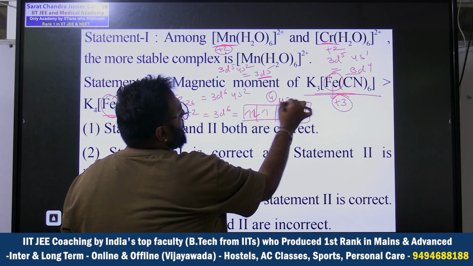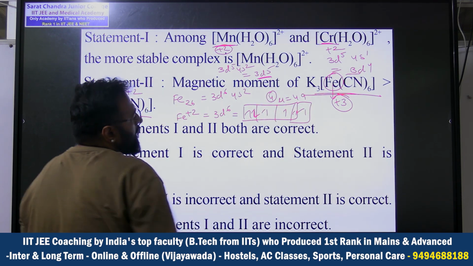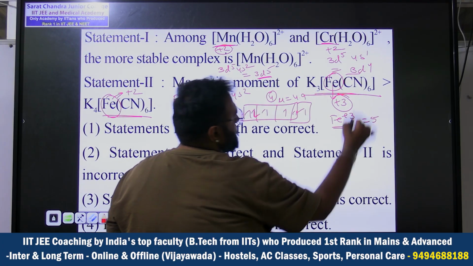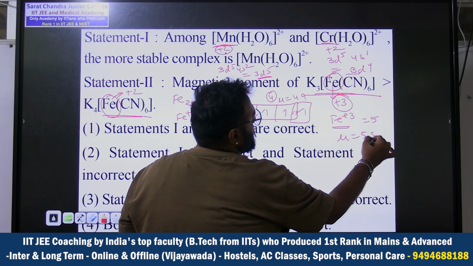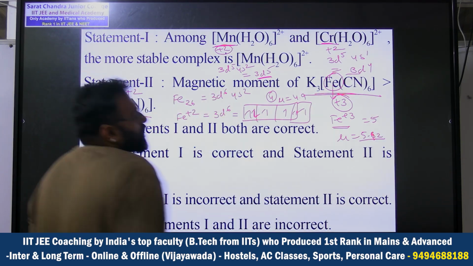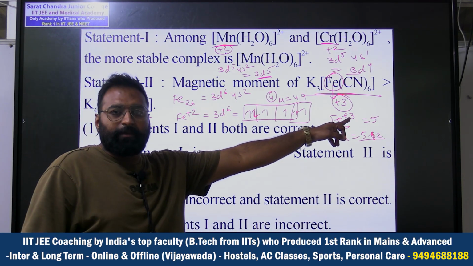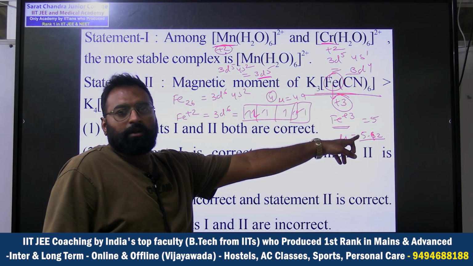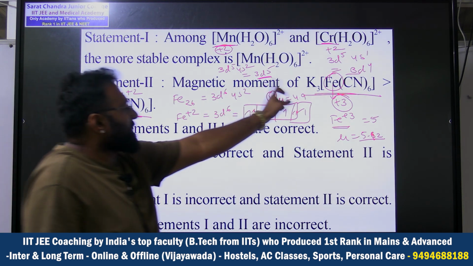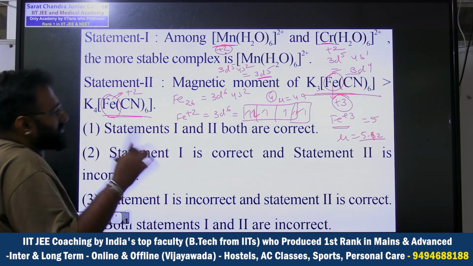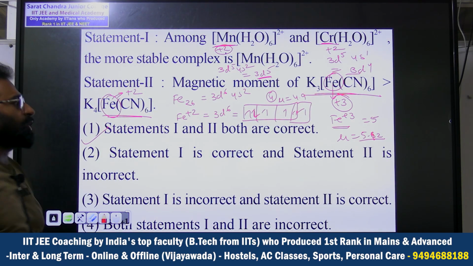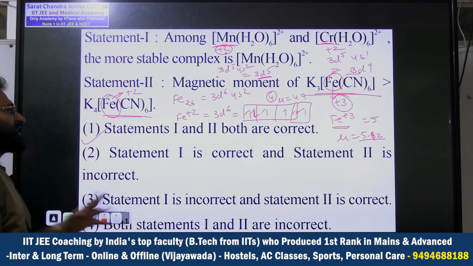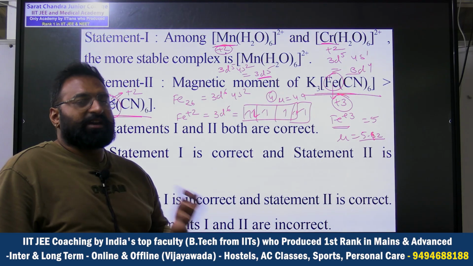So its magnetic moment will be nearly 4.9. And for Fe +3, we have 5 unpaired electrons. So mu will be 5.92. For +3, the number of unpaired electrons is more as compared to +2. So magnetic moment of +3 is greater than +2. Yes, this is also correct. So statements 1 and 2 both are correct. This is a direct NCERT line.